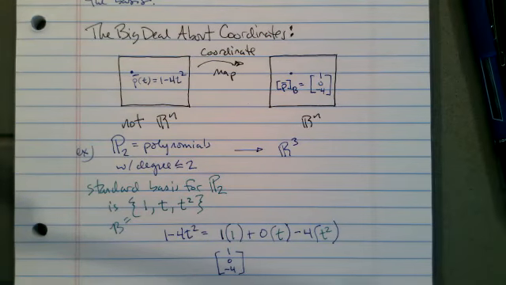So we'd say that the vector space of polynomials of degree less than or equal to 2 is isomorphic to R3. It's not equal to R3, but we can make it look like R3 with a coordinate map.